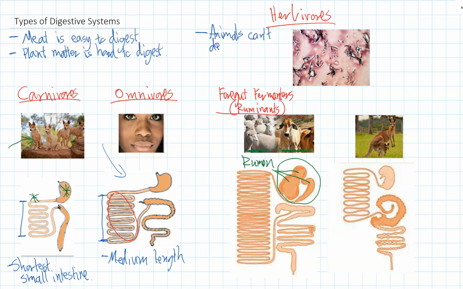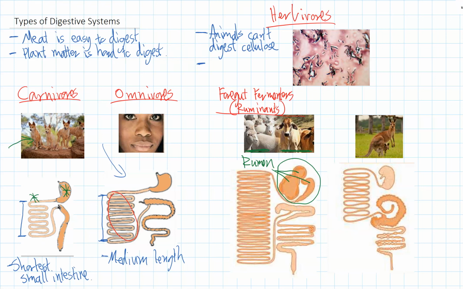So animals can't digest cellulose, which is a big problem because cellulose makes up a lot of a plant cell, because it makes up the cell wall of the plant cell, actually. So they can't digest the cellulose, but they need to get the energy out of it because otherwise they won't get much energy from their food.